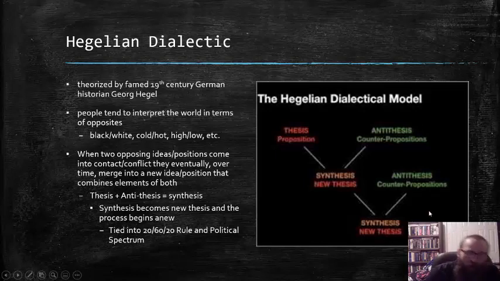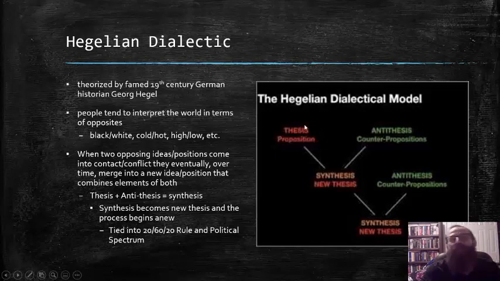Now, overall, what this whole thing implies is that slowly over time, the political spectrum is shifted towards the left. What I mean by that is that the thesis is often a radical or liberal position.